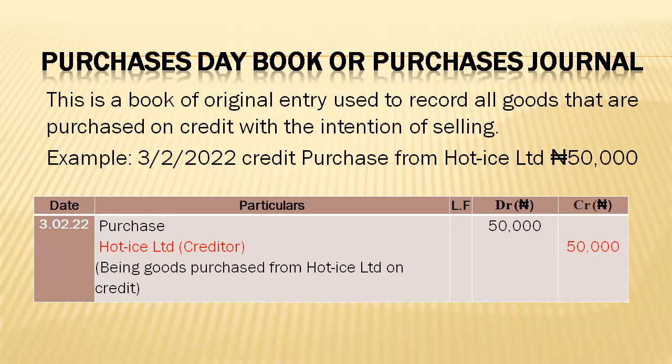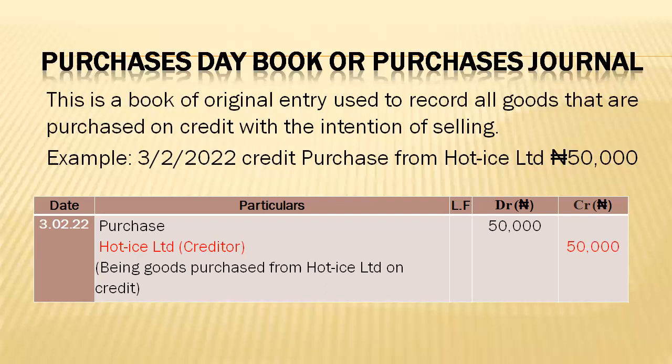So for this example, on the 3rd of February 2022, credit purchase from Hot Eyes Limited, 50,000. So we have made a credit purchase. So what happens? We debit the purchase account with 50,000 for receiving, and we credit Hot Eyes Limited account because they are the one giving the goods that are being purchased.